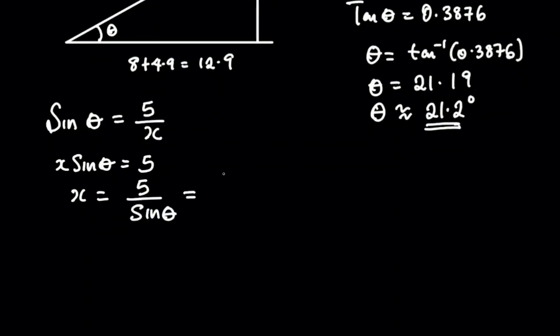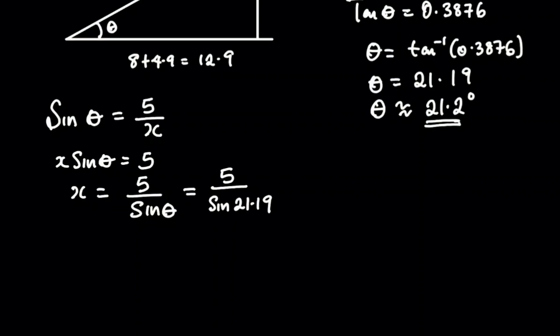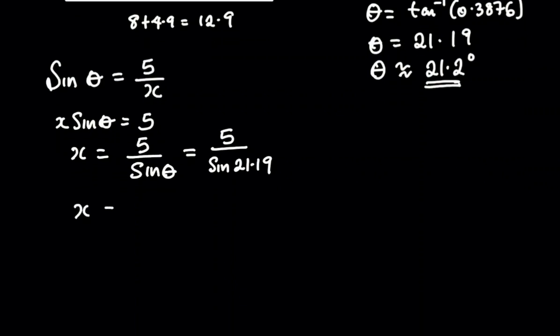Now this is going to be 5 divided by sine theta, which is sine 21.19. I didn't actually use 21.2 because it's approximated. Okay, so x is going to be 5 divided by sine 21.19. Then we'll get to the calculator and check sine 21.19.